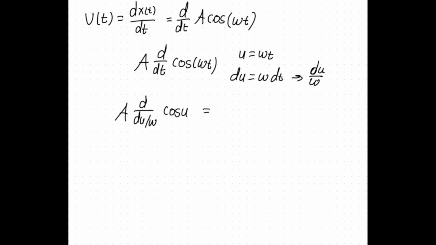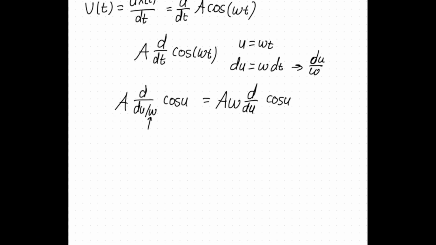Doing some simplifications, omega is down in the bottom of a fraction, so it's a fraction of a fraction. That means we take the omega, we flip it, we multiply it to the top. It's also a constant in time, and so we pull that out as well. So what we get is a times omega times d du of cosine u.